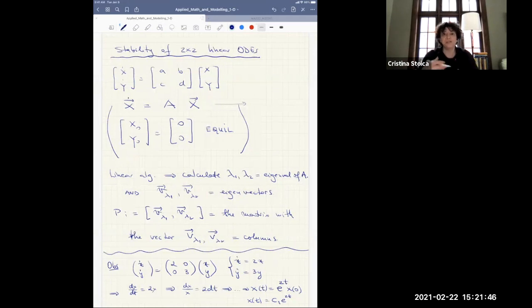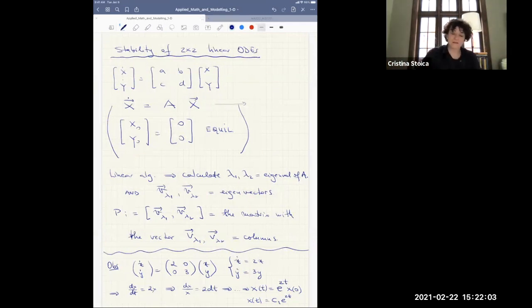So we have to do a change of variables in order to produce a diagonal system that is related to the original one, and then solve the diagonal one and bring it back to the non-diagonal one, right? So there are quite a few steps going on.